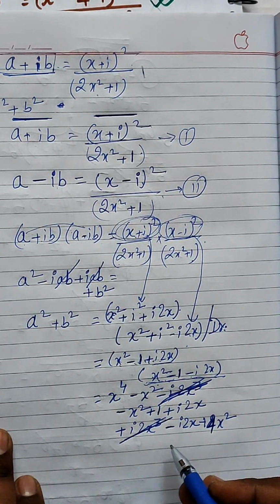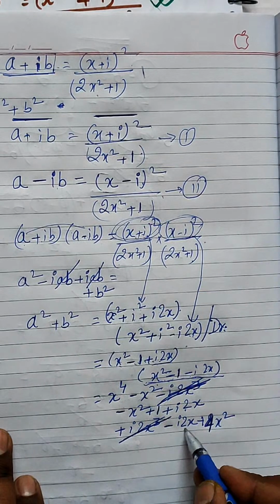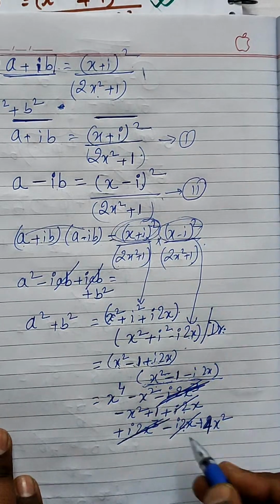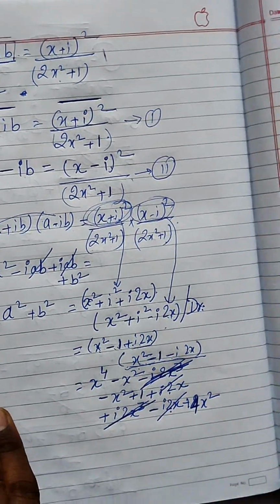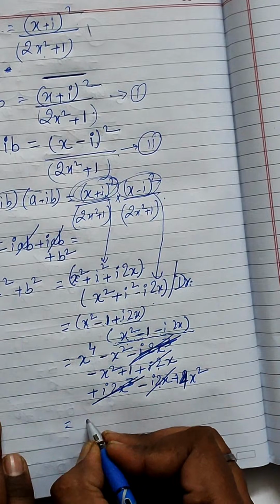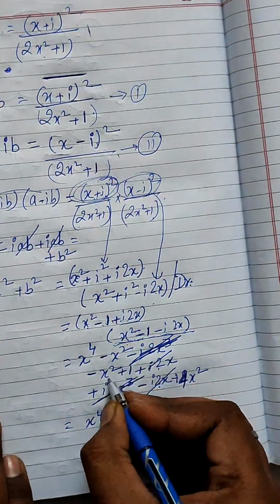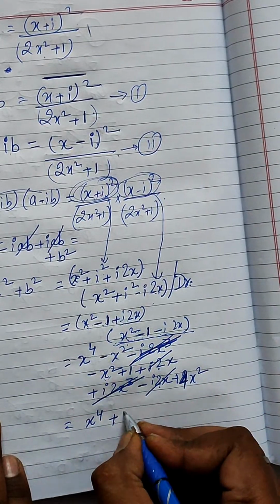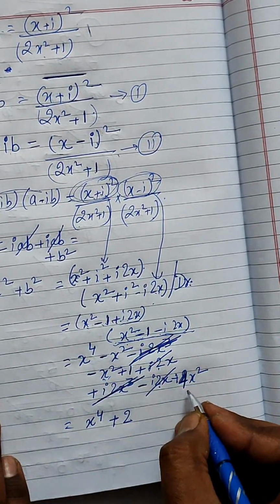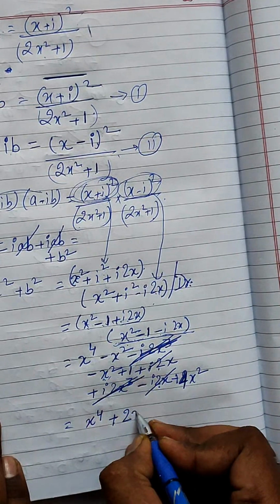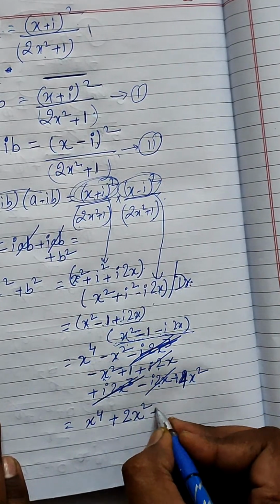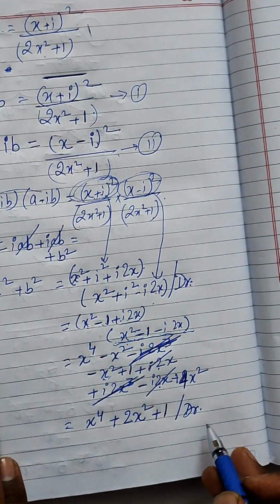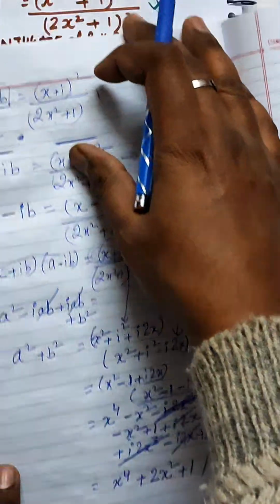Now i 2x will be cancelled with this one, plus and minus will be cancelled. So what are we left with? We are left with x to the power 4 plus 2x square, because minus 2x square plus 4x square will be giving you 2x square, plus 1, divided by your denominator. The denominator is what? 2x square plus 1 whole square. This one.